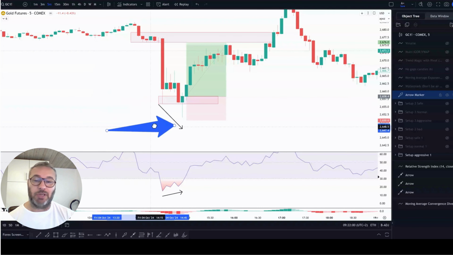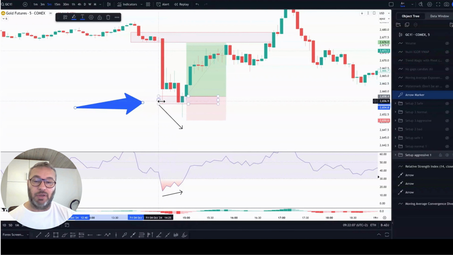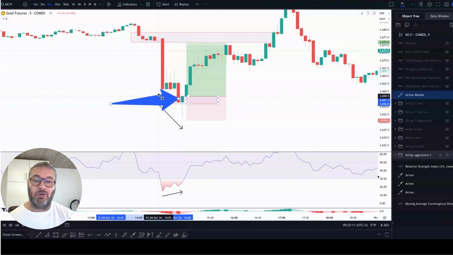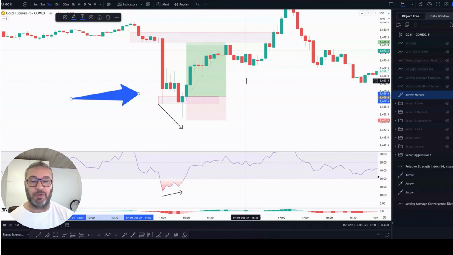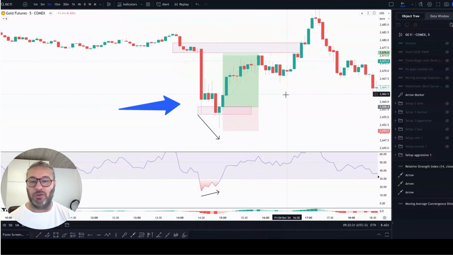So the aggressive version, I have here a box, an area from the previous low, and when the candle closes above that area, I will simply just enter. As you can see here, this here is around a 2.2 INR trade. Let's just call it 2 INR.